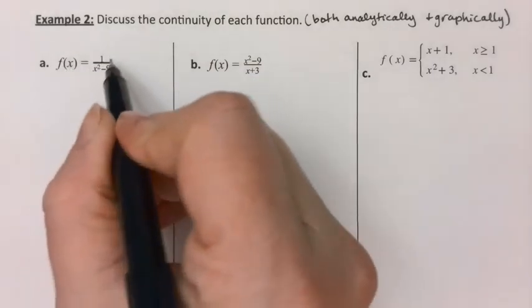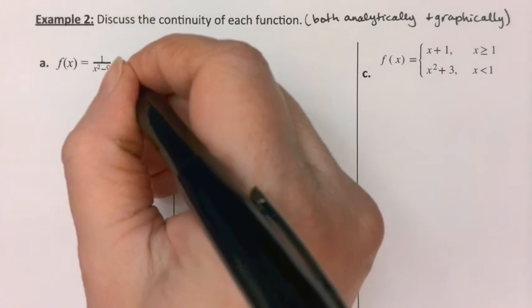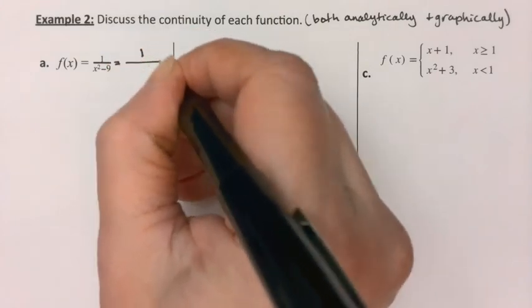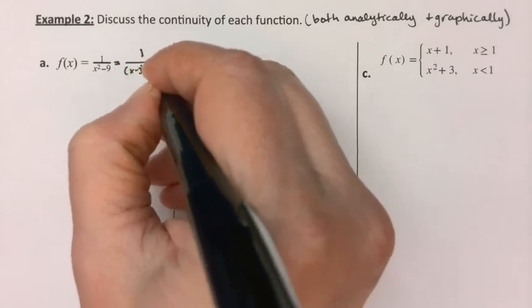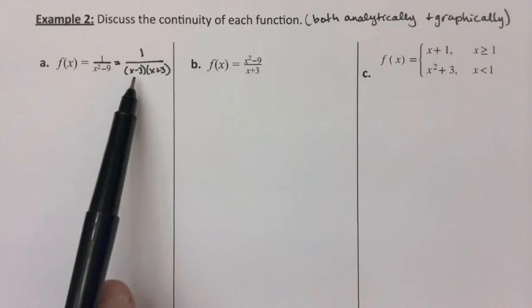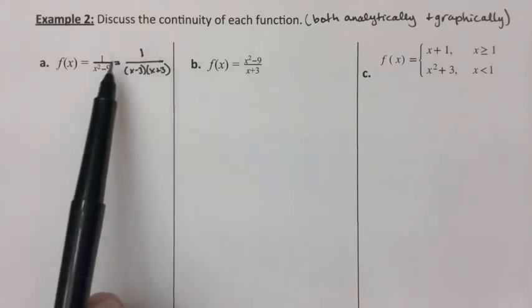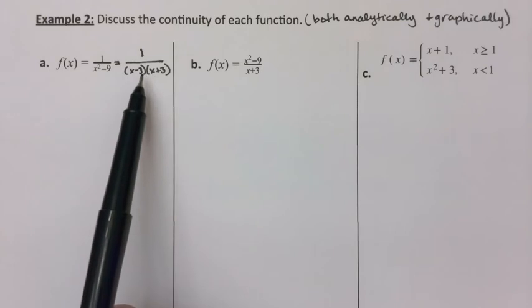So I have a function f of x, which is equal to 1 over x squared minus 9. And I know from experience that that is x minus 3, x plus 3, because I learned how to factor in algebra class. Yay, algebra. Okay, so let's think about this. This particular function I've known about since algebra. I know that it has two vertical asymptotes.